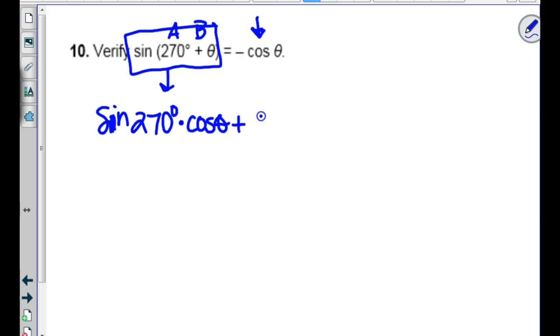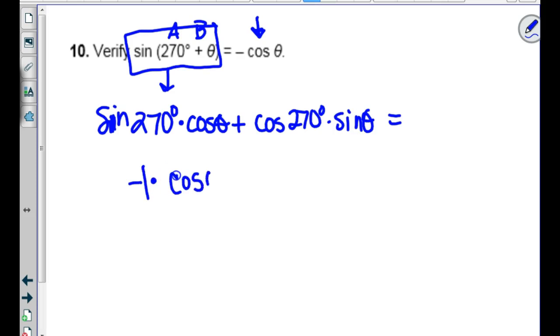Plus, then it goes cosine 270 sine theta. Did I get that right, guys? Okay, then what do? Do you remember? My hint on the quiz is after you expand, evaluate what you can. Which of those can we evaluate on our unit circle? Sine 270 is -1, and the cosine at 270 is 0, right?